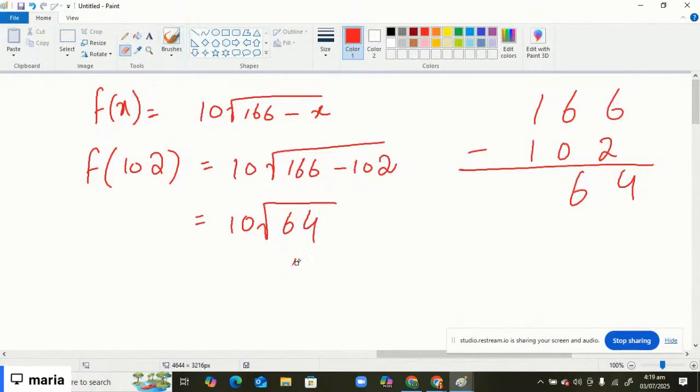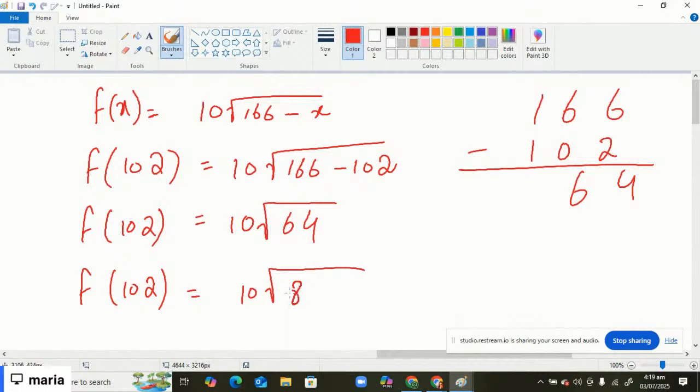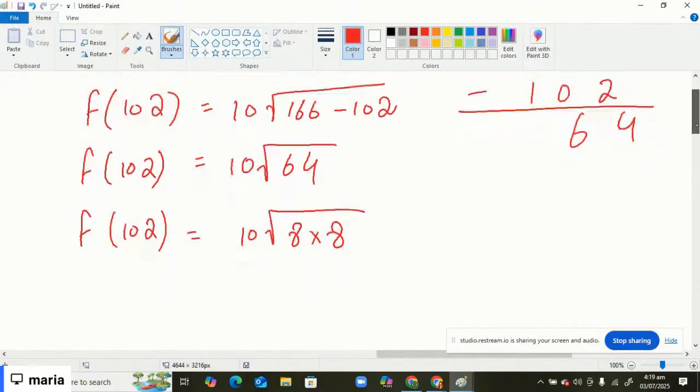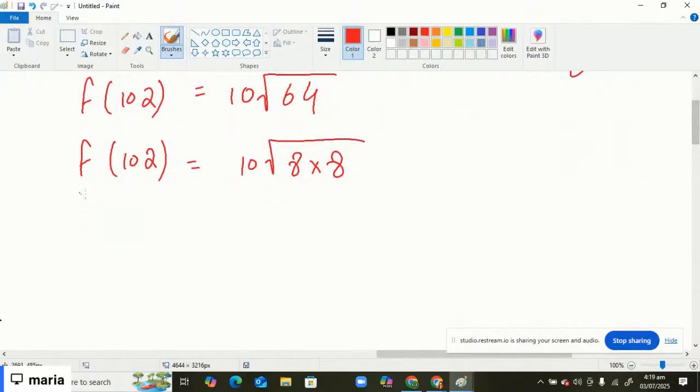Split 64 into two digits. Which two digits? I am going to split it into 8 times 8. That is 64. Now f of 102 is 10 into the square root of 8 square. The square should be cancelled with this square root.